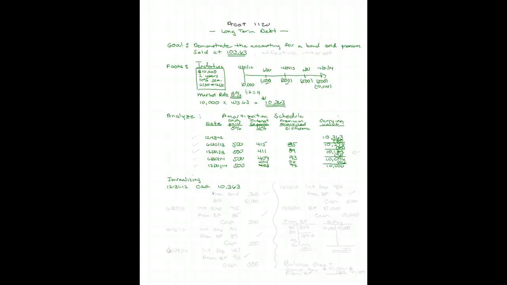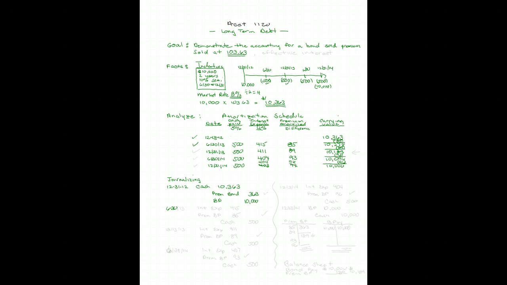Set up the bonds payable premium, so we'll say premium on my bond, $363, and bonds payable, $10,000. It always gets the face value of the bond, and we have recorded issuance of the bond.